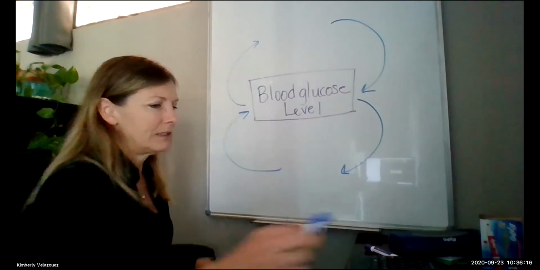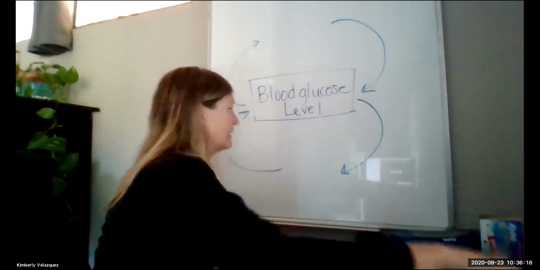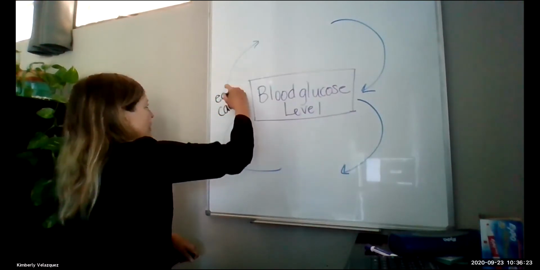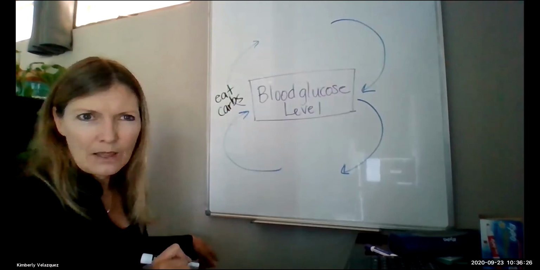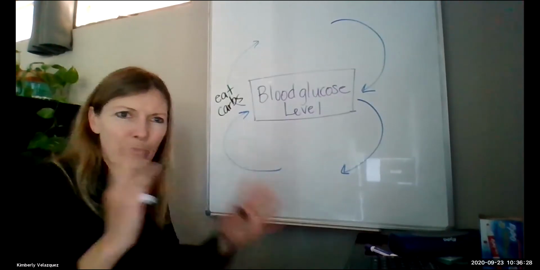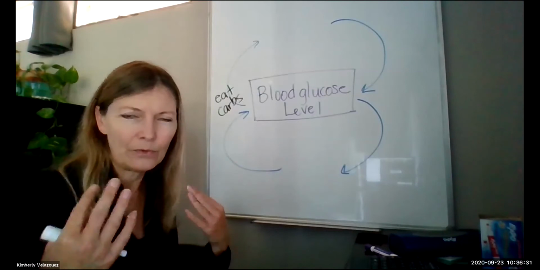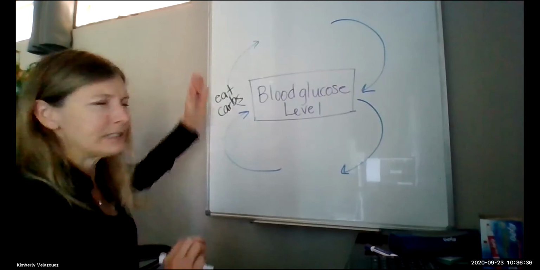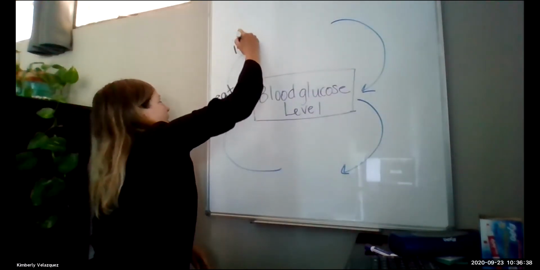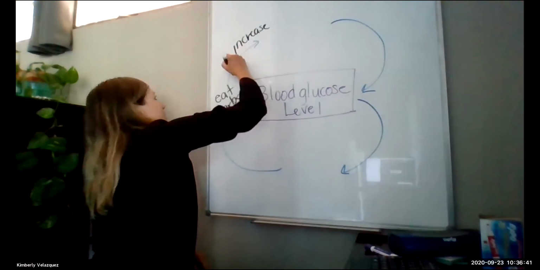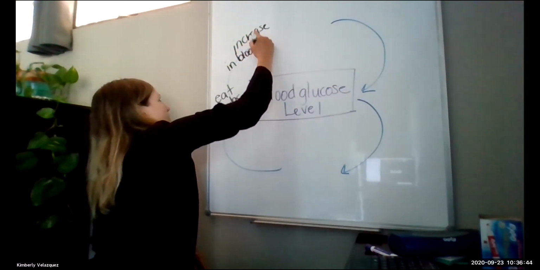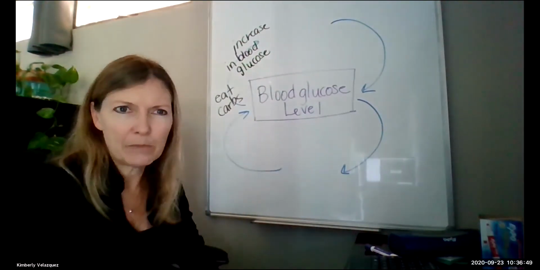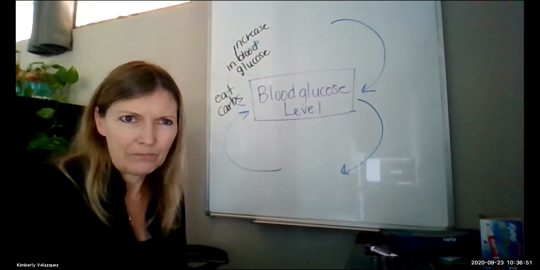So the way we regulate it is this. Let's say you eat carbs, and we won't talk about what kind they are yet. In general, you're going to eat some carbs, and you start breaking that down, either in the mouth or in the intestines or both, depending on what you ate. And immediately you're going to get some type of increase in blood glucose level. Glucose is a pretty big molecule to be in your bloodstream.